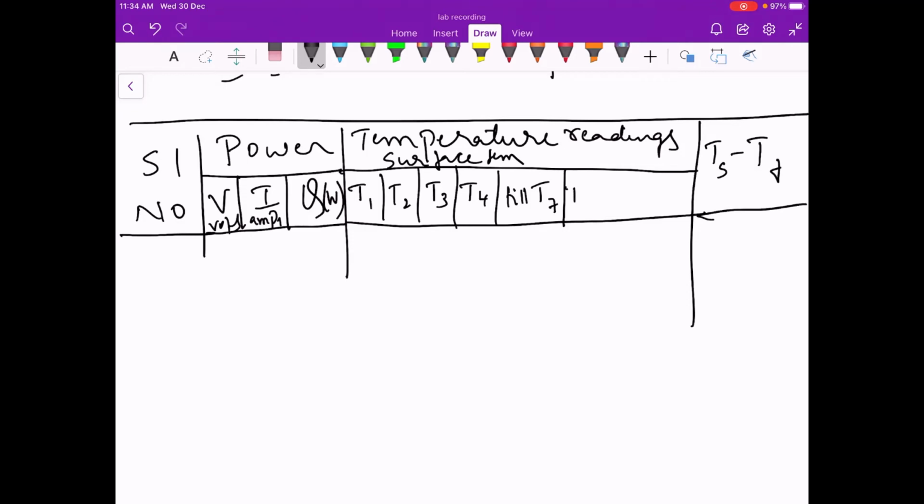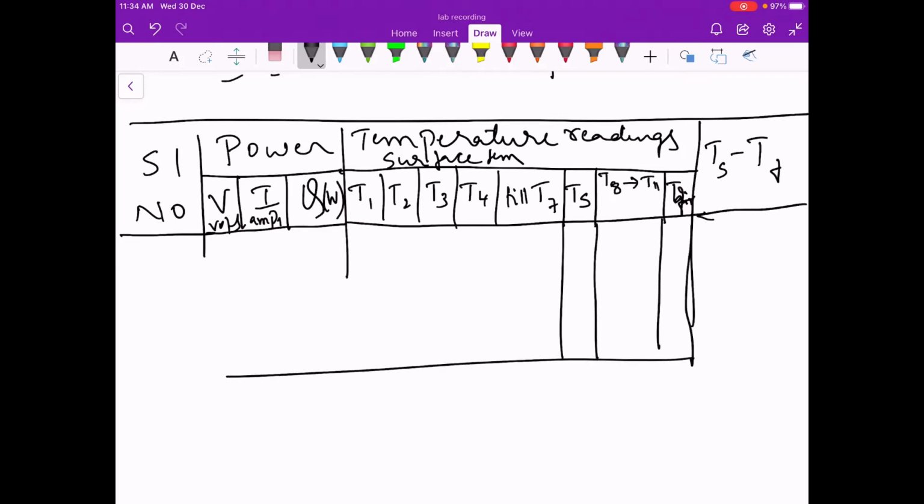Then finally you have to calculate the average, whatever it is. Then the air temperature is from T8 to T11. Finally calculate T air or T fluid, whatever it is. So basically you have to calculate the average of T surface and T fluid.